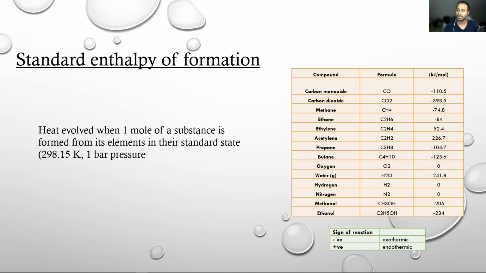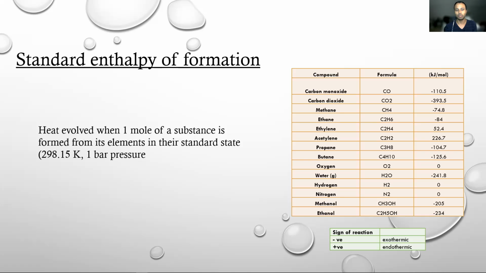But if you see, there are 3 zeros in this entire list: oxygen, hydrogen, and nitrogen. This is because, in the standard state of 298.15 Kelvin and 1 bar of pressure, oxygen is found in the form of O2, hydrogen is found in the form of H2, and nitrogen is found in the form of N2.